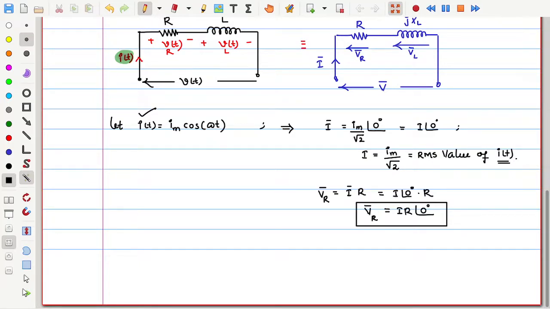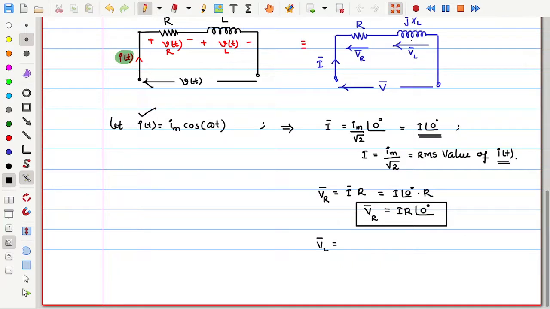And how much is the angle of the resistor voltage? 0. How much is the angle of the current through the resistor? 0. So could you confirm that the voltage across the resistor and the current through the resistor both have the same phase angle, thereby we can call this in phase. Voltage and current for a resistor are always in phase. Clear? Now let me take the inductor voltage.